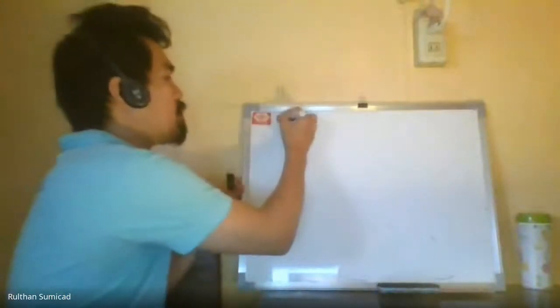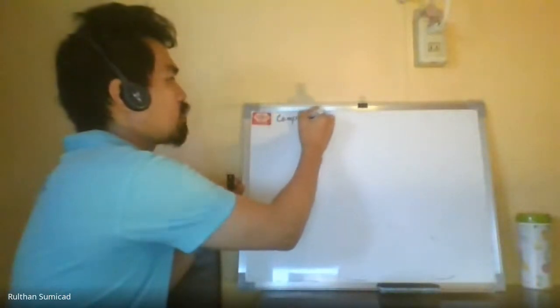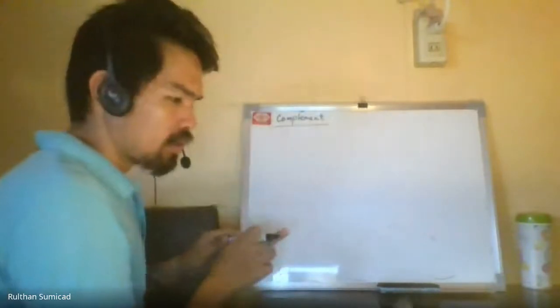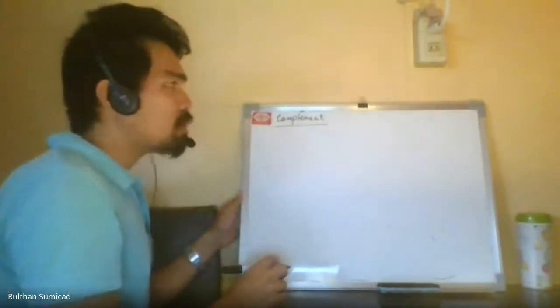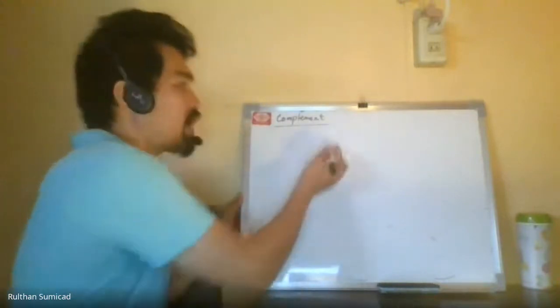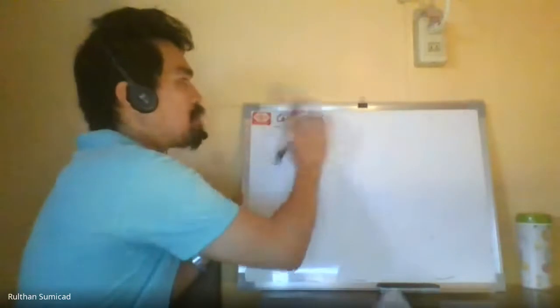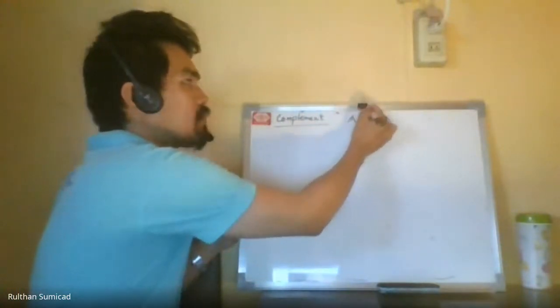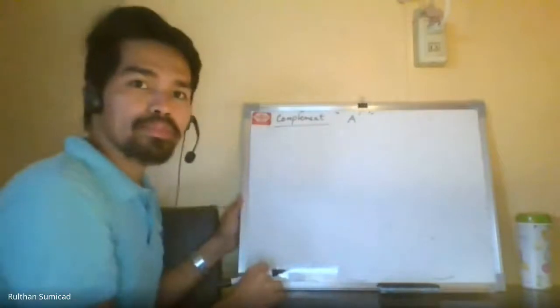We have the complement. Okay, the complement of a set, also known as the absolute complement, denoted for example by the complement of A. The symbol for that is A prime. That's the notation.